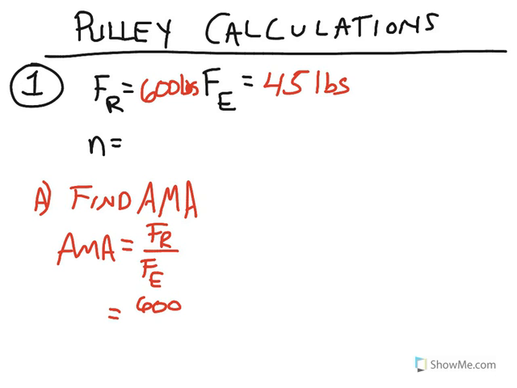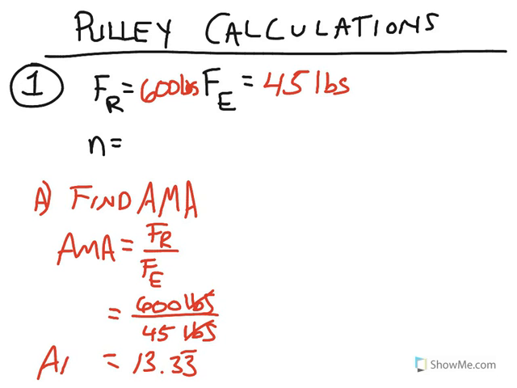Resistance is 600 pounds. Effort is 45 pounds. Pounds cancel. 600 divided by 45 is approximately 13.3, repeating. 13.33 to 1 is the actual mechanical advantage.